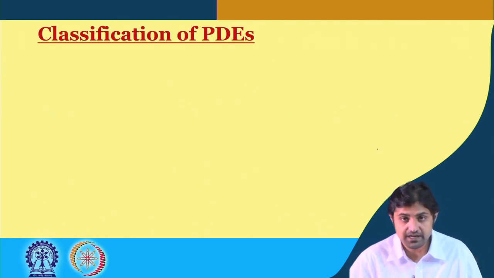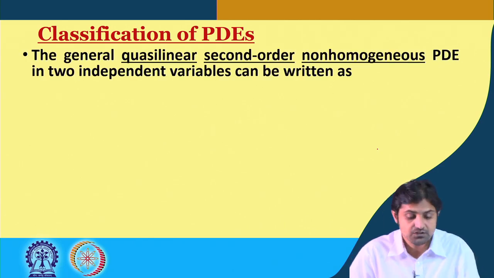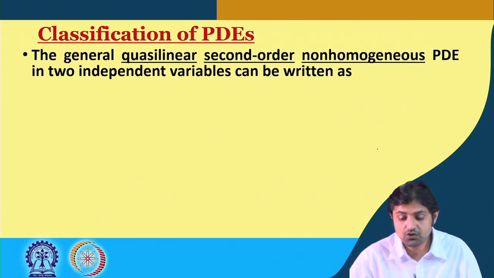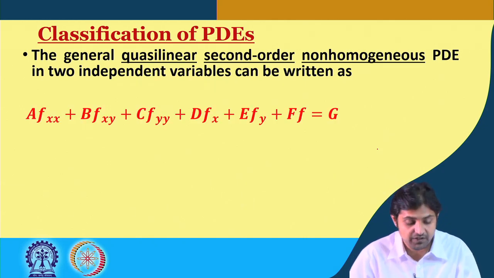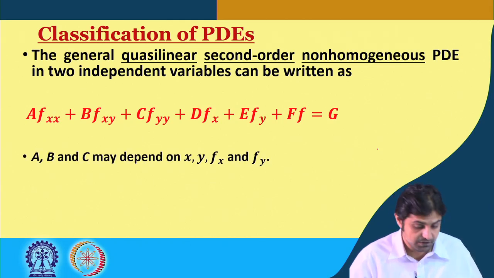Taking a slight detour, because it's important that we remember what the classification of partial differential equations looks like. A general quasi-linear second order non-homogeneous partial differential equation in two independent variables can be written as a fxx plus b fxy plus c fyy plus d fx plus e fy plus f times f, equal to g. This is a general quasi-linear second order non-homogeneous partial differential equation.